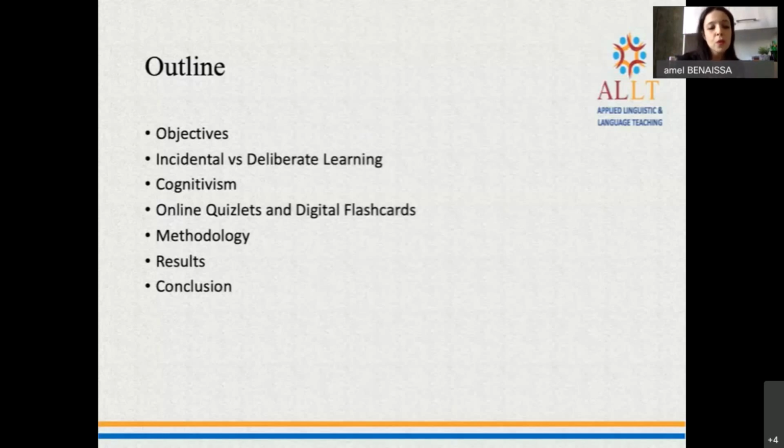Then I will move to the theoretical part of the research, and then I will explain the methodology that I have used, and then I will present the results that will give information about, I would say, the shortcomings and the benefits of the website that I have used.